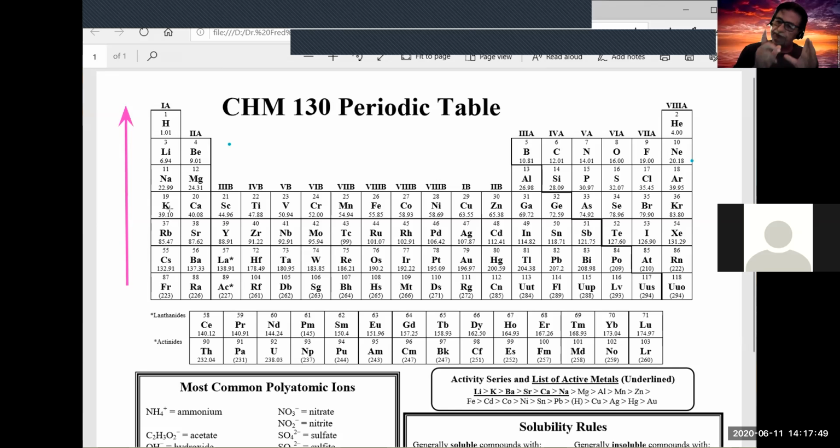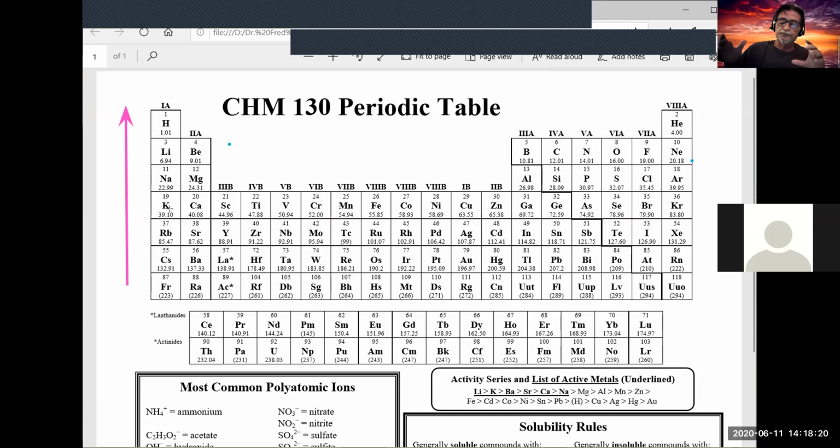Now, think about this for a second. Which is bigger, lithium or potassium? Based on the trend we just talked about, potassium is a bigger element. Now, what is it that they both have in common? They both have one valence electron. Lithium has it in the second period, and potassium has that lone electron in the fourth energy level, or the fourth period.